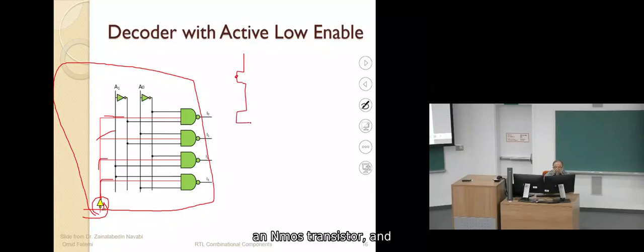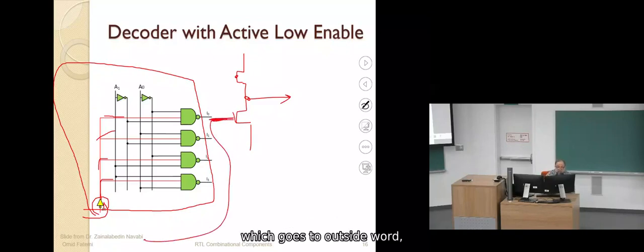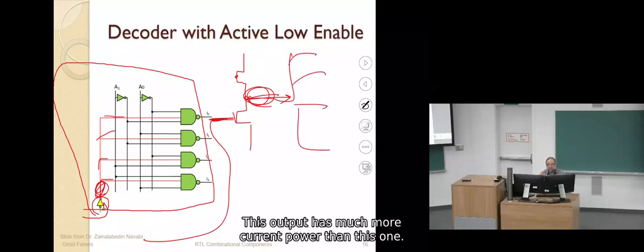It was a PMOS and NMOS transistor, and this was the output. When we put this inverter, the input of this inverter goes to the outside world. But inside, we have this output here, which goes to our inside circuit.